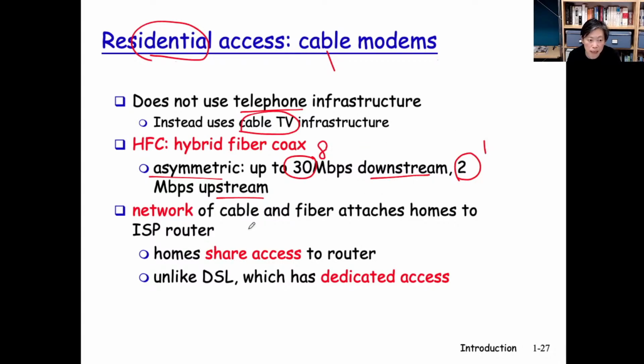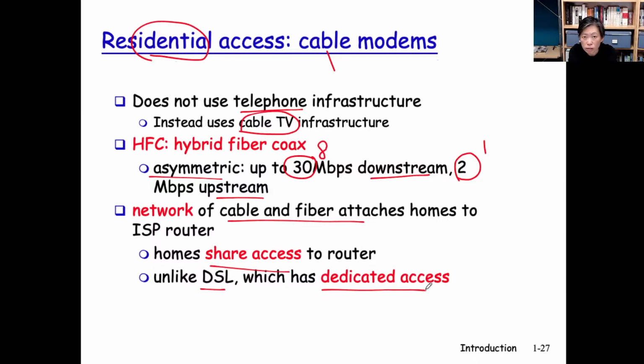But you want to be careful though. These cable fibers attaching households to the cable company are shared access links. Unlike DSL, where these telephone wires are dedicated access. That is to say, oftentimes a cable company will set big cables from the central office to a neighborhood.